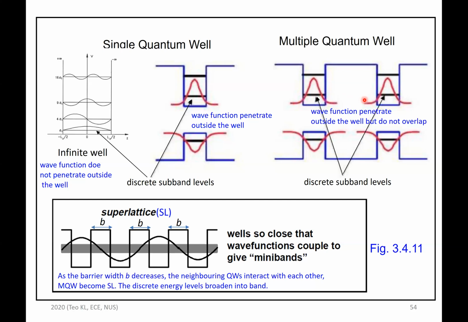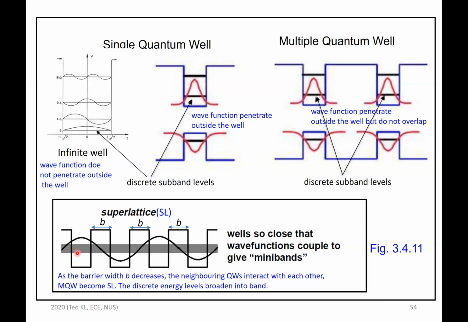Now, if you grow the well such that the barrier width is thin enough, this is known as the well width inside the well, and this is known as the barrier width, then the wave functions will overlap with each other. So in this case, if your barrier width, which is b, down here, is thin enough, then the wave function penetrating outside the well will overlap with each other. Once they overlap, the wells are so close that the wave functions couple to each other.